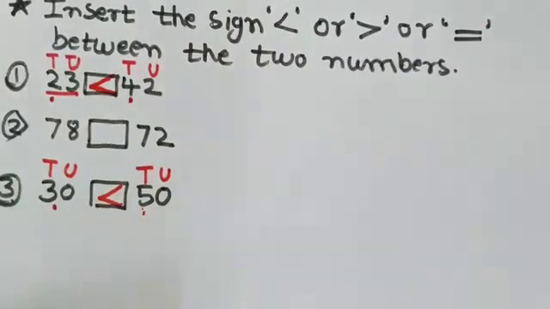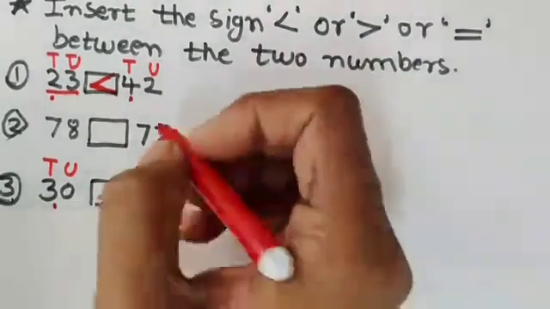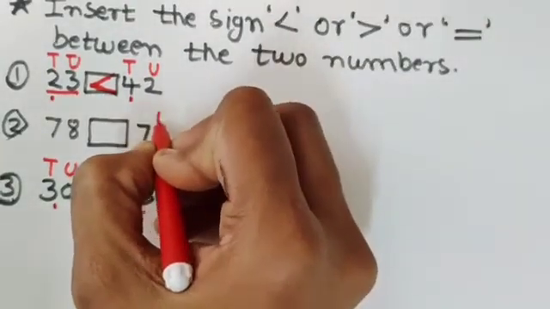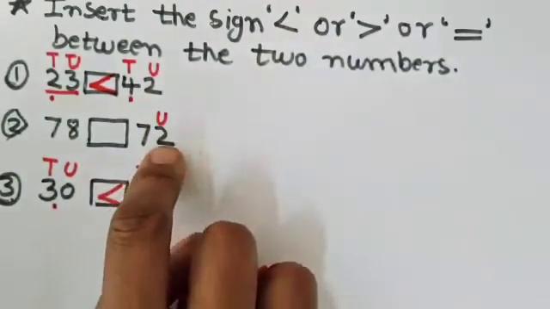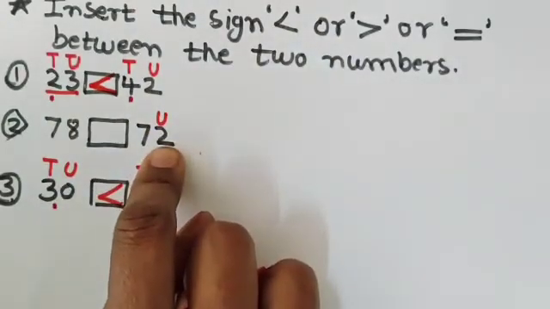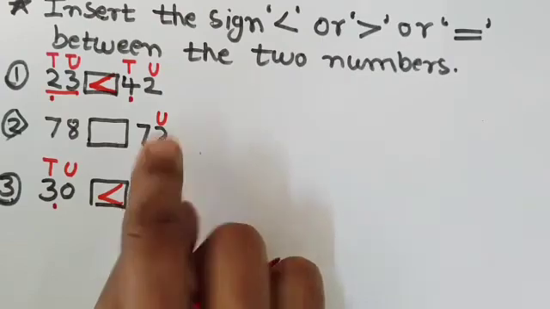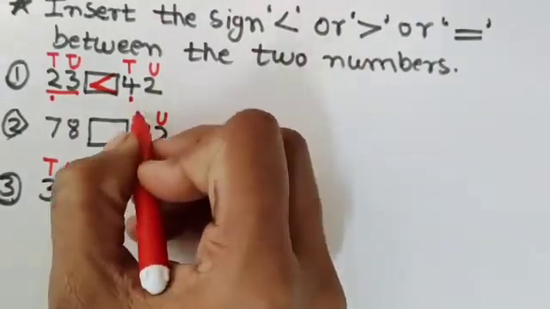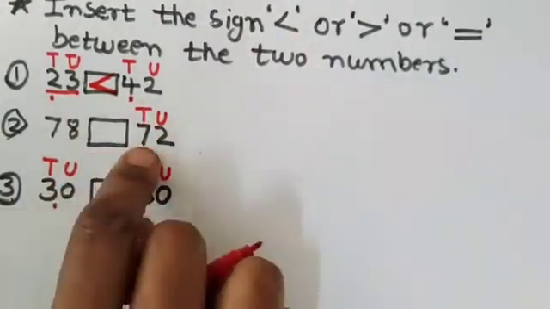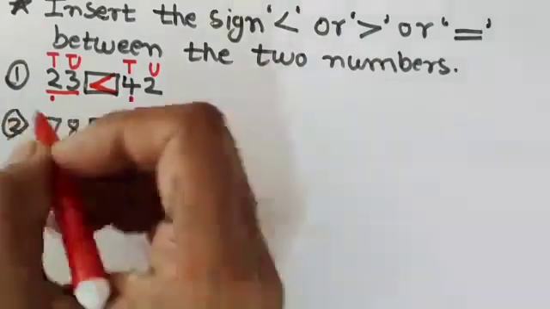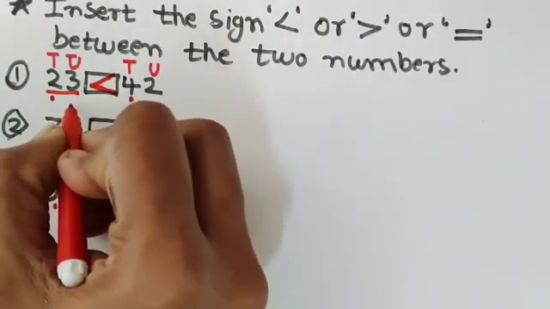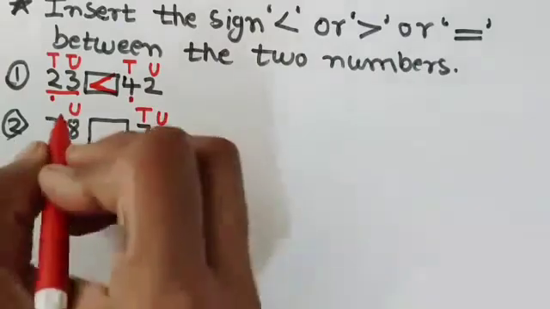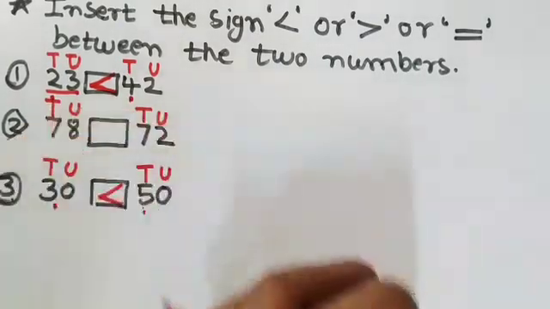Again we will write the name of the place. Here in this number 72, 2 is at units place and 7 is at tens place. Here 8 is at units place and 7 is at tens place.